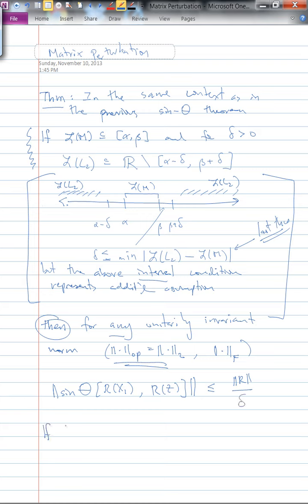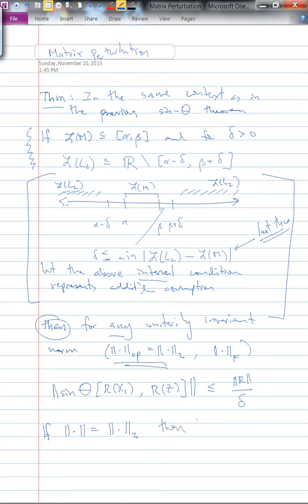Okay, so if our norm here is the operator norm, what's the operator norm on a diagonal matrix? It's basically the largest element on the diagonal in absolute value.